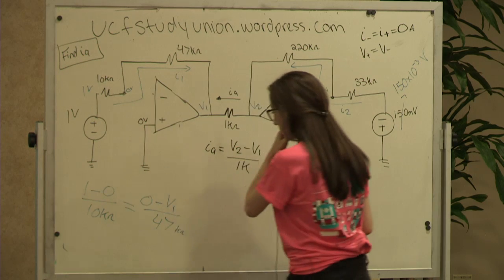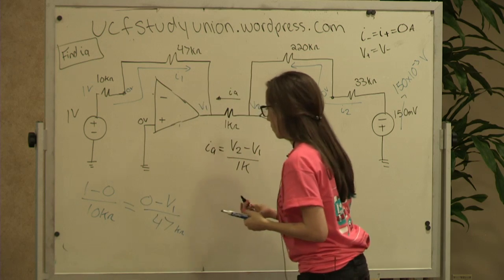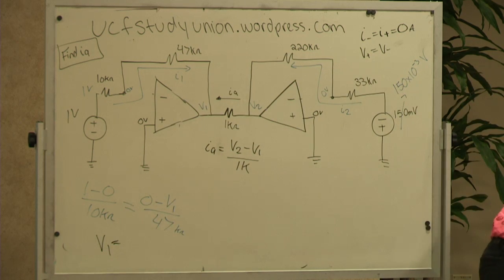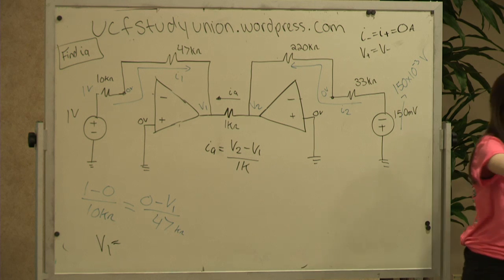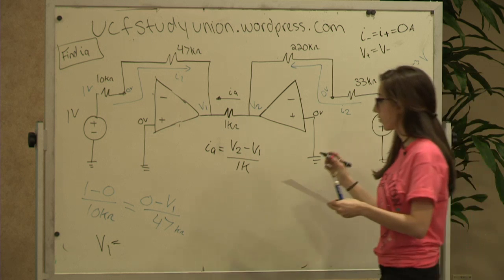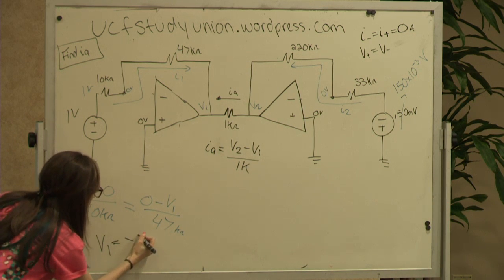And then you'll end up getting V1 equals, looking for it, negative 4.7, because it's one equation, one unknown.